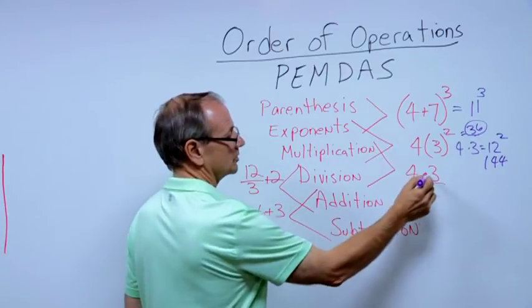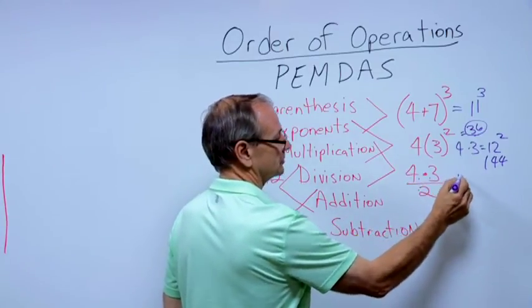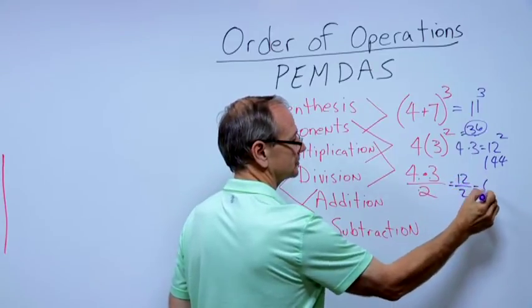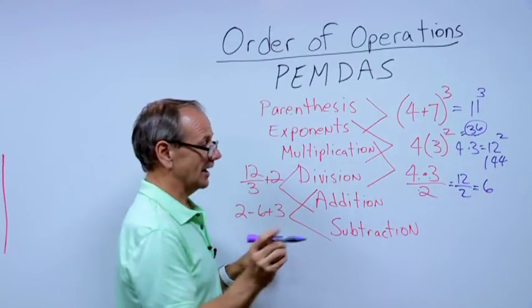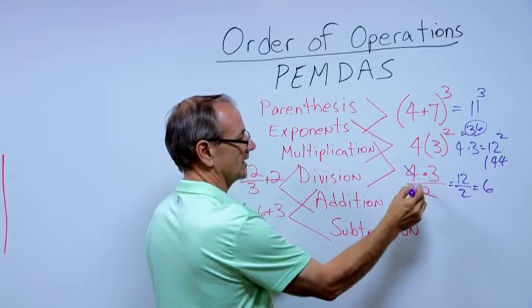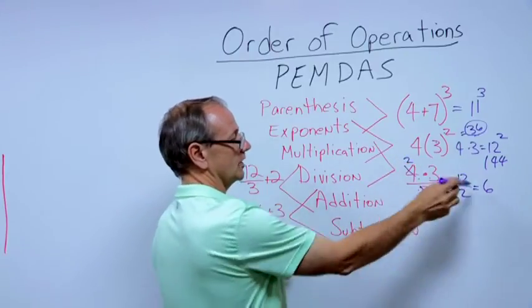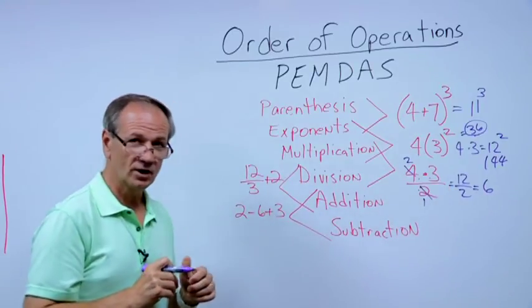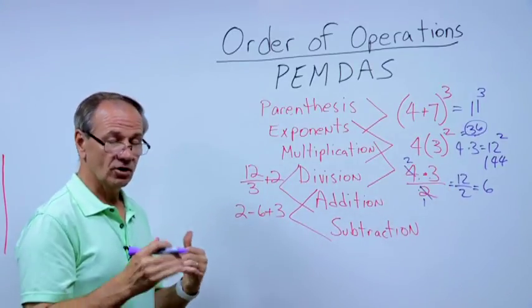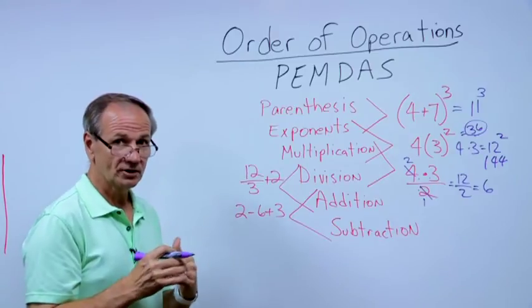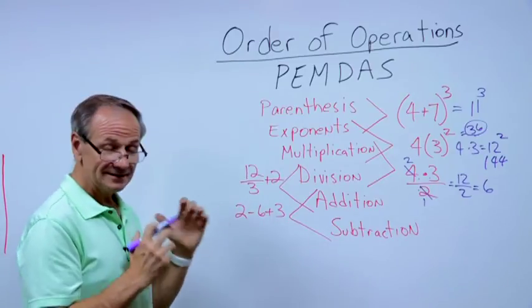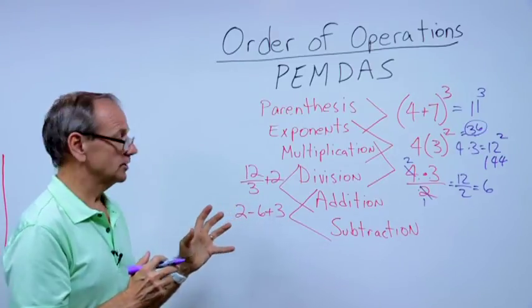But if I had 4 times 3 over 2, I would say this is 12 over 2, which is 6. Yes, I could go ahead and say 4 divided by 2: 2 goes into 2 one time, 2 goes into 4 two times, 3 is 6, and do it that way and get it right. But there are examples, and you may find them on the ACT test, where it doesn't work if you take a shortcut like that.